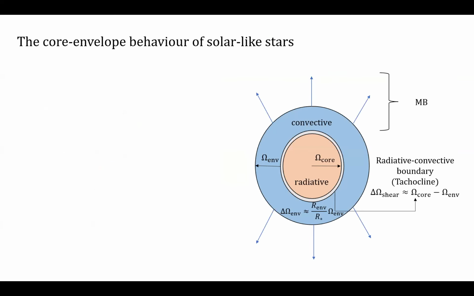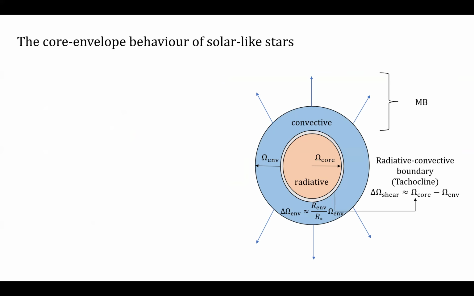So if we are to explain the core envelope behavior of solar-like stars, we have a twofold problem. We not only need the spins of the envelope to match with well-measured spins of open cluster stars and field stars, we also need the core and the envelope to attain core envelope convergence by a reasonable time that agrees with detailed theoretical models.